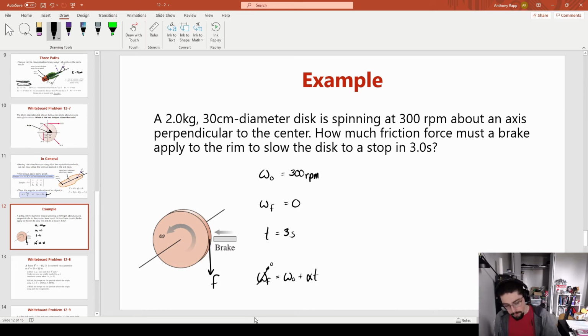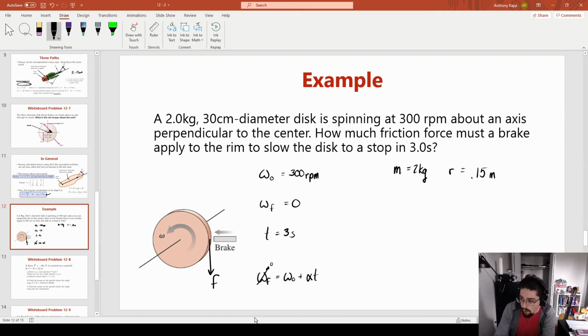So then, because this friction force is acting on a spinning object, there is a torque associated with that, right? So my mass is 2 kilograms. My radius is going to be 0.15 centimeters. Whoops, not centimeters, 0.15 meters. I've already done that conversion.